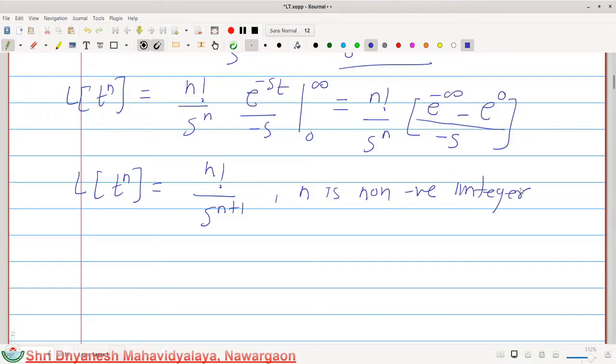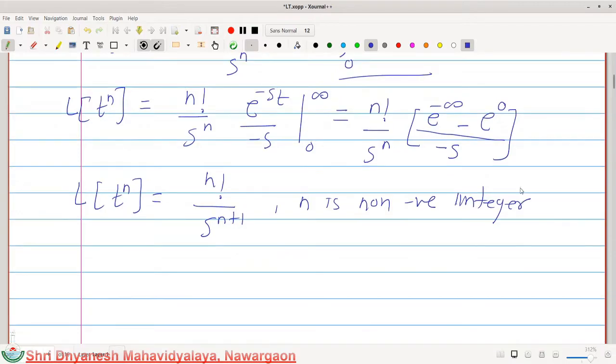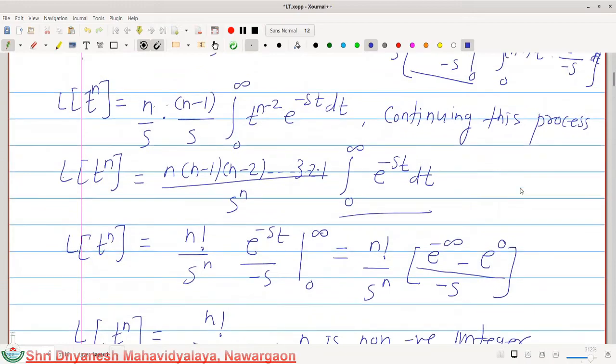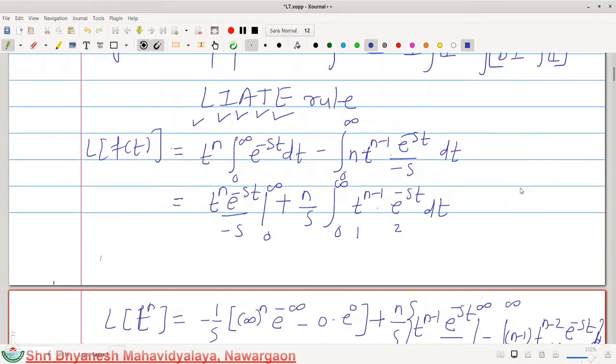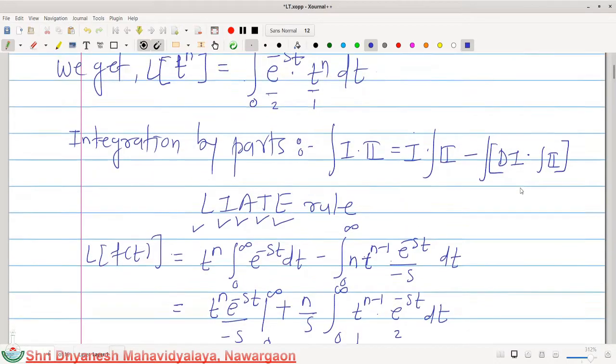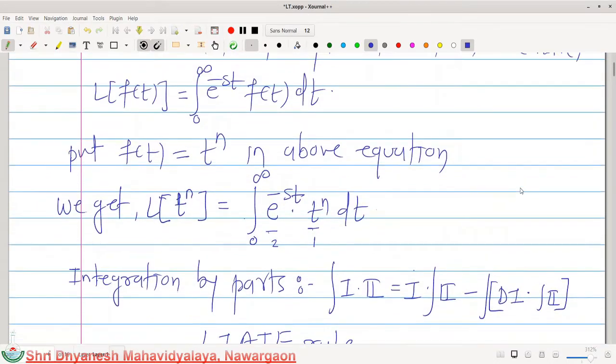Hope all these calculations are clear to you. So what did we get? The Laplace transform of which function? t to the power n.